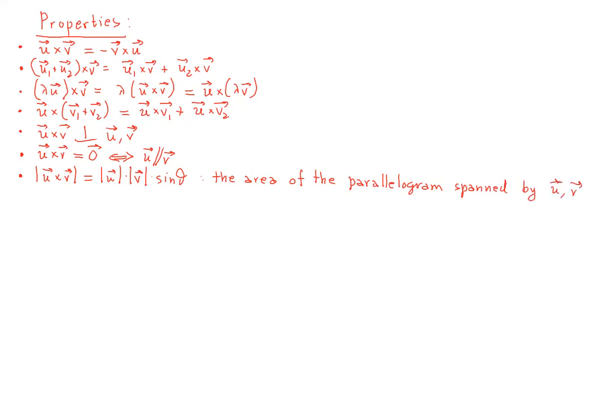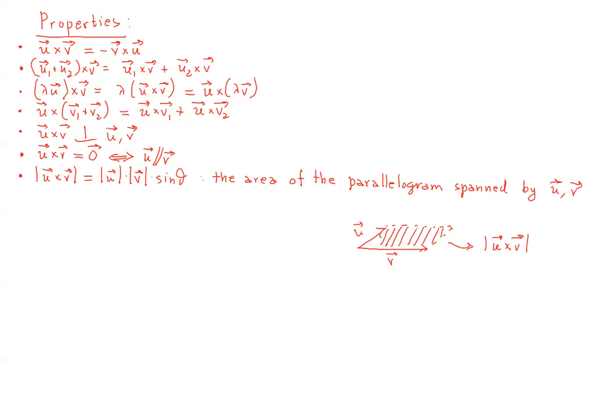So let me spell out what I mean by this. Imagine that this is the vector u, this is the vector v, and this is what I mean by the parallelogram spanned by the two vectors. So the area of this parallelogram is exactly equal numerically to the magnitude of u cross v. Okay.